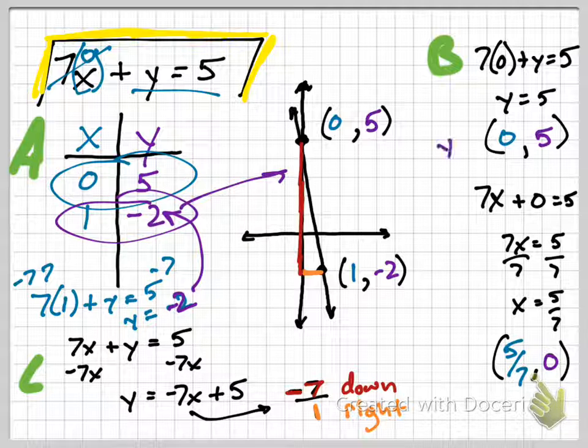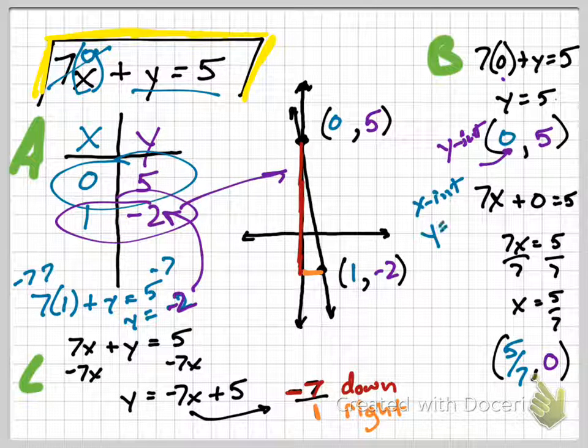So the y-intercept is where x equals 0. So if we plug in 0, we already know that y is 5. The x-intercept is where y equals 0, because y equals 0 all along this line where we're going to be crossing the x-axis.